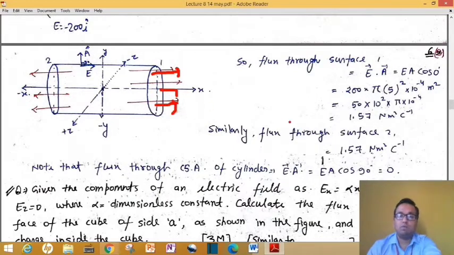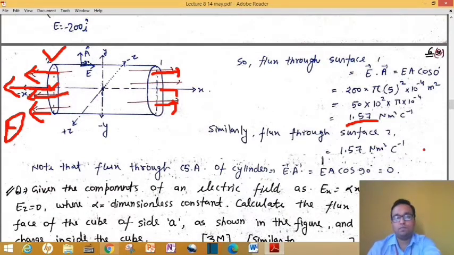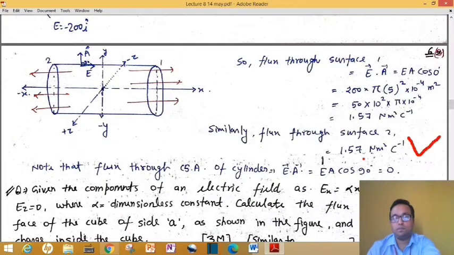You will say some amount of power will come out, that is 1.57. And if I ask you how much light will come out from this second surface, your answer will be the same, because the electric field here has the same value, and the area is also the same. And the electric field is towards left and the area vector is also towards left. So the angle between them is again how much? 0 degree. So our answer will be the same.